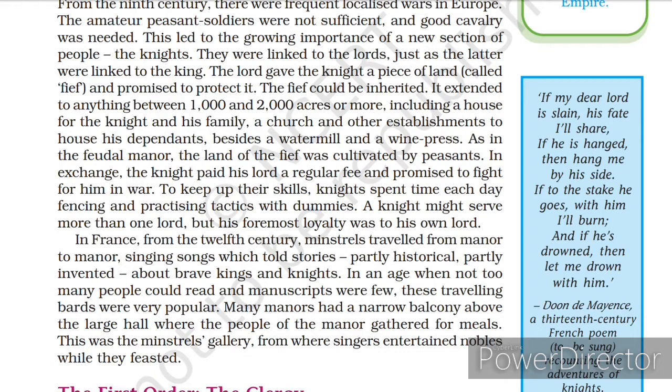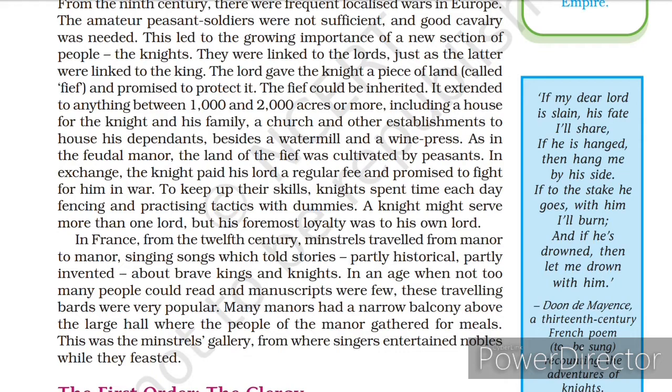Then a knight could offer his services to the lords, but his foremost loyalty was to his own lord. Now see, the knight has to show some kind of regard to the king, but the landlord is most important for the knight, because he had given him the land.